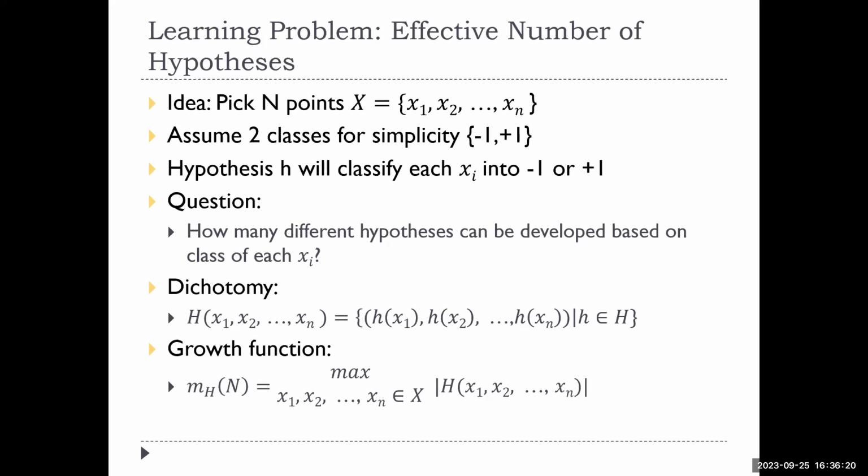Assume that we have two classes, -1 and +1. I am going to think about all possible hypotheses for this data set, and I'm going to call each one a dichotomy. I'm going to look at how many different hypotheses can be developed based on the class of each xi, and determine the growth function.